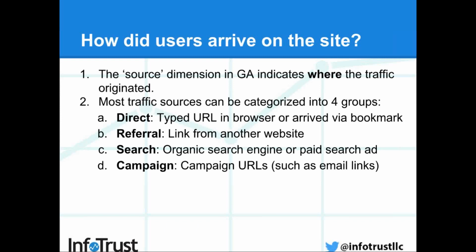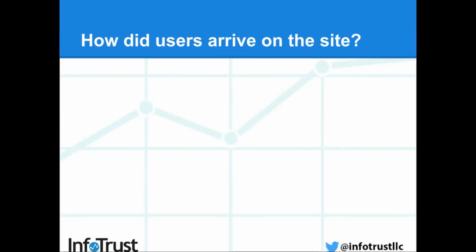In most cases, your sources are categorized into 4 groups. Direct, meaning that the user typed your website directly into their browser. There's referral, which is just any other site. Search, being any search engine or a specific campaign.